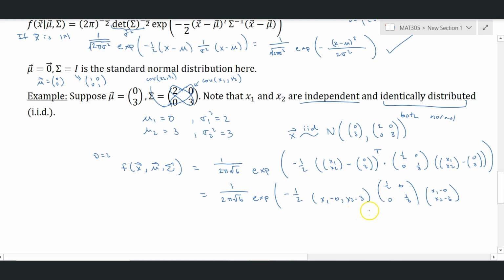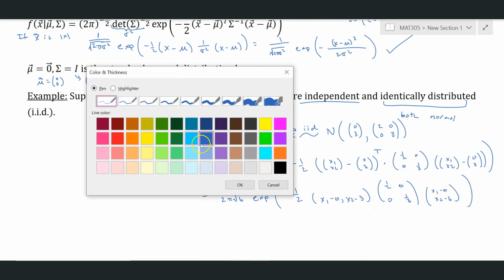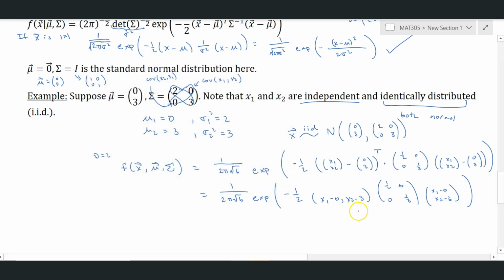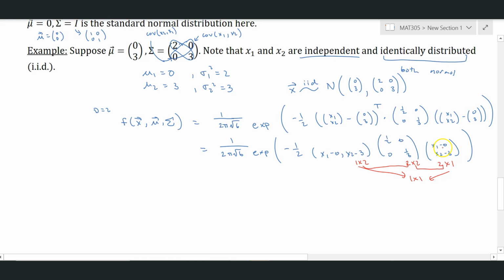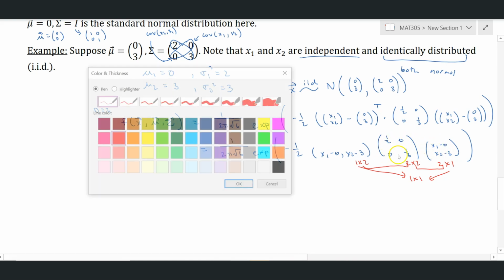Now what I want you to notice, dimensionally speaking, is that we will end up with a 1 by 1, because this is a 1 by 2 multiplied by a 2 by 2 multiplied by a 2 by 1. The inner dimensions match on both multiplications, and we're going to end up with a 1 by 1 scalar here. It doesn't really matter which two of these we multiply first. We just can't change the order. I'll go ahead and multiply this vector times this matrix.